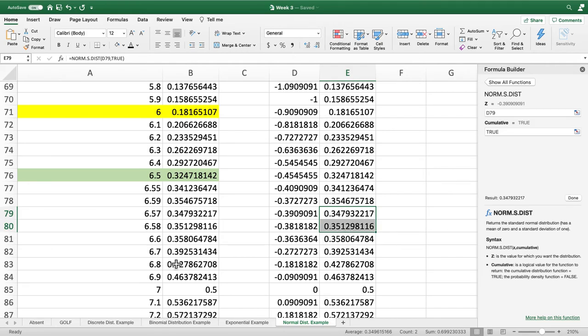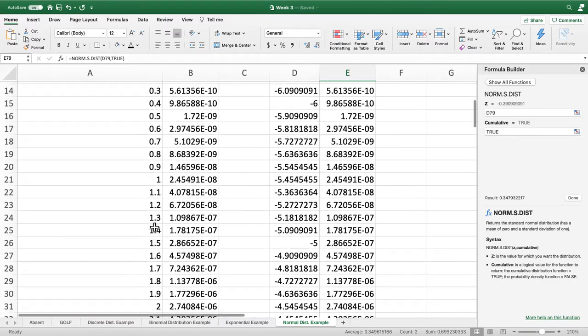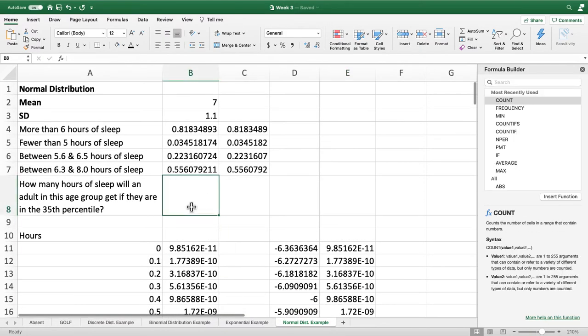If you look technically, I think 6.58 is a little bit closer, but it's up to your discretion. Now, what we would do is we would just say 6.57, 6.58. The other way that you can do this is to use the appendix in the back of the book.